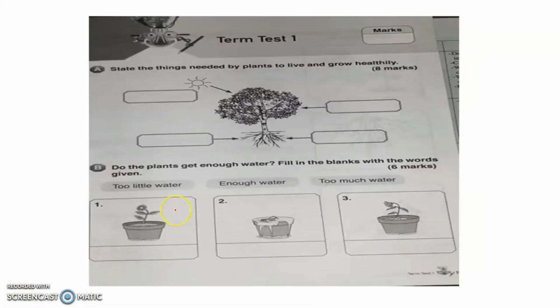Okay, time is up. For the next, we will answer term test 1. So we have A and B. State the things needed by plants to live and grow healthy.